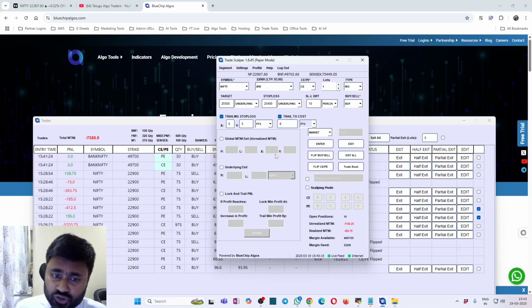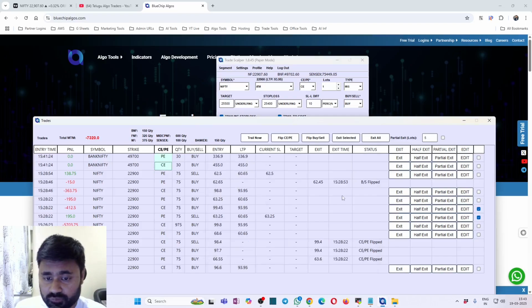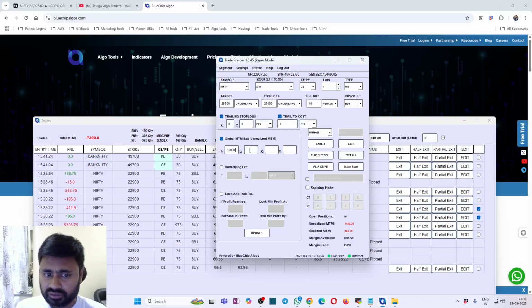And we have various kinds of global features also. Global features in the sense, let's say you got 10,000 rupees profit and you want to exit all the positions, all 20 or 10 positions you have. Sure, you can enter 10,000 here. And a loss of 5,000, sure, you can do that. And remember, we also have given X and Y for stop loss trailing.